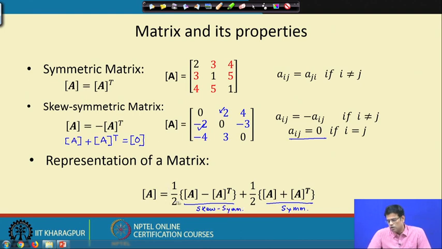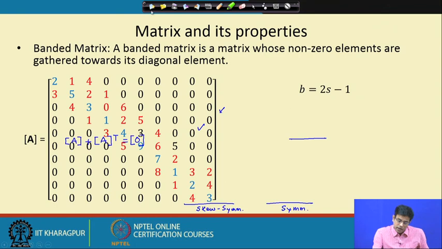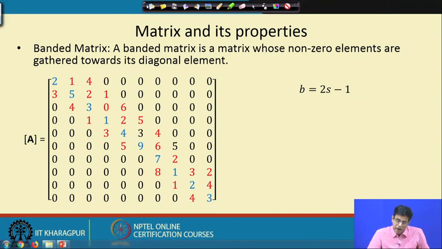So, this form sometimes we will use, that a matrix can be decomposed into a skew symmetric matrix and a symmetric matrix. Now, similarly, we can define a banded matrix.